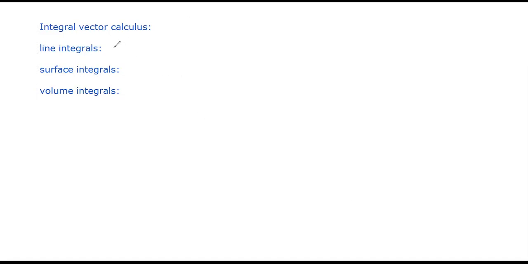So for line integrals, we started by saying, okay, there's dr, and that would be a line element, like a differential piece of a line would be dr or sometimes dl. dx i hat, dy j hat, dz k hat.